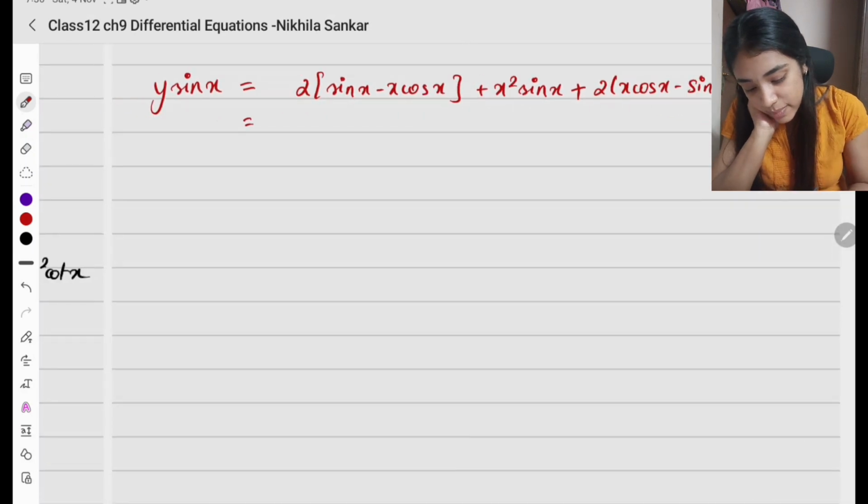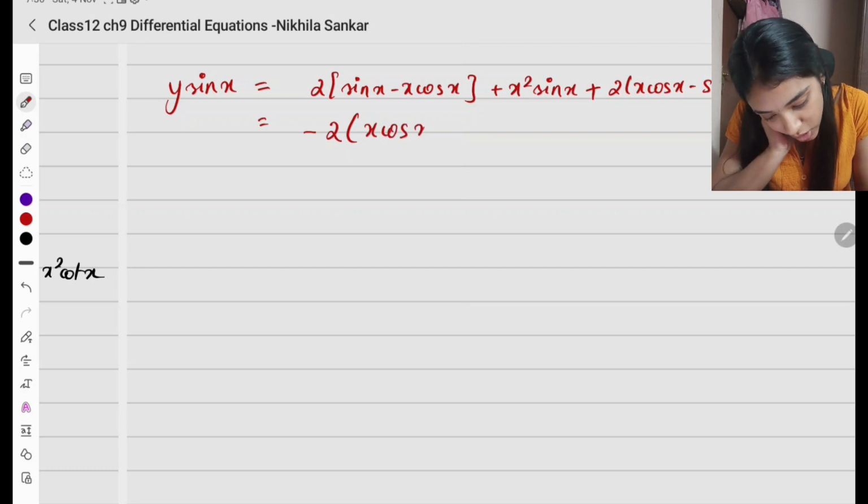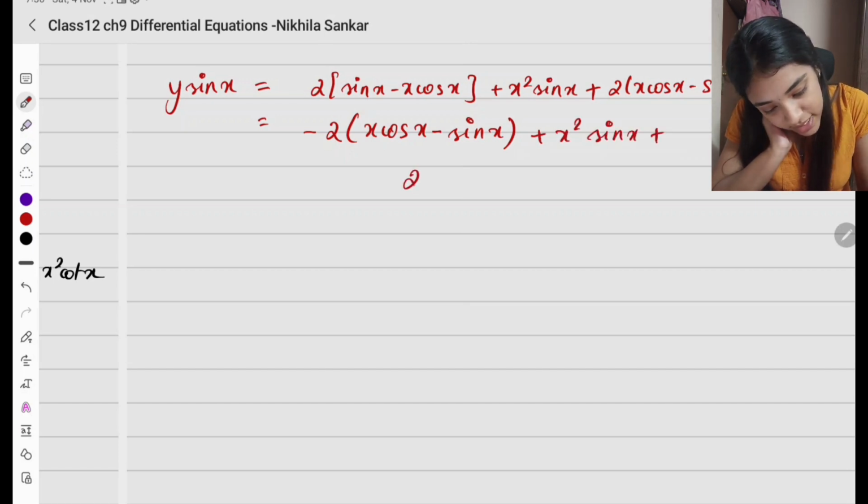First of all, in the simple idea, I can take the minus outside. So it will be minus 2 into x cos x minus sin x, plus x square sin x, plus 2 into x cos x minus sin x.